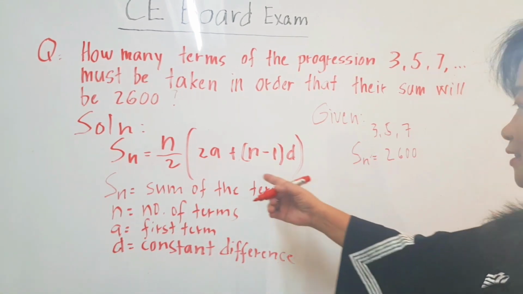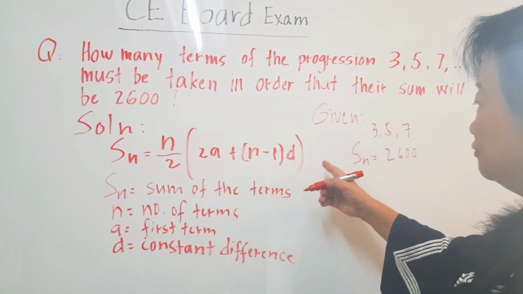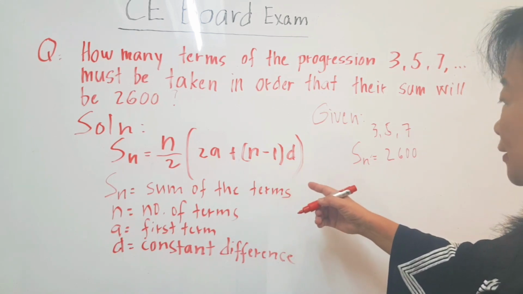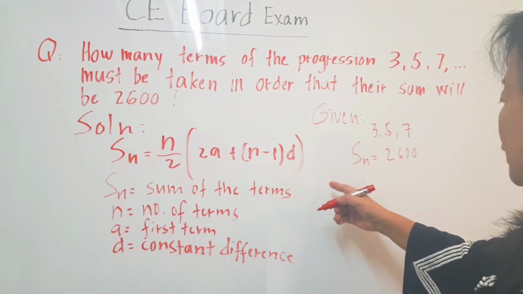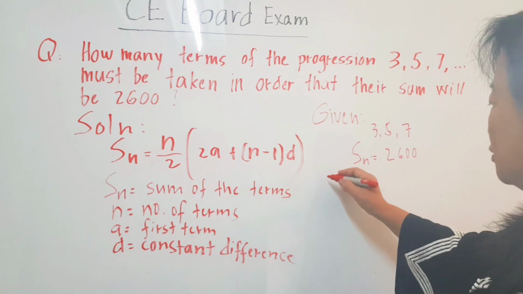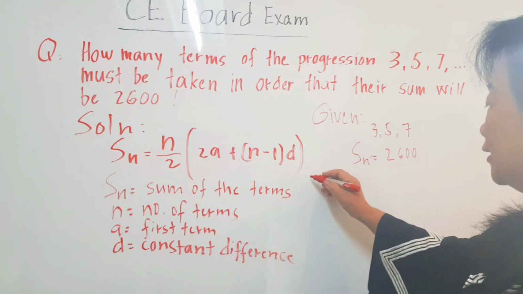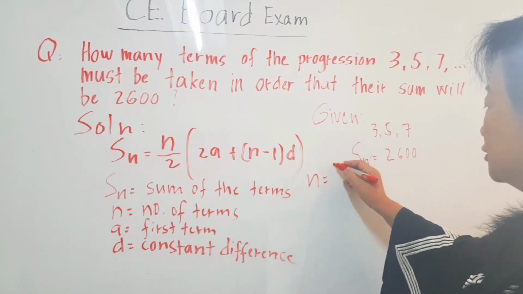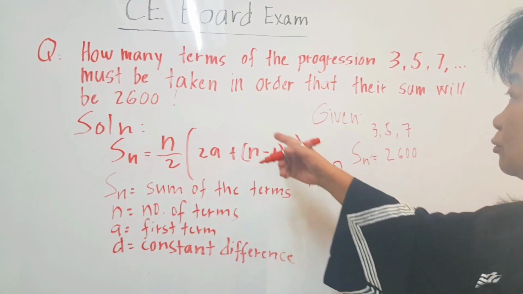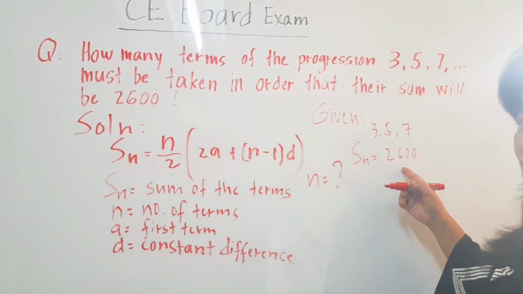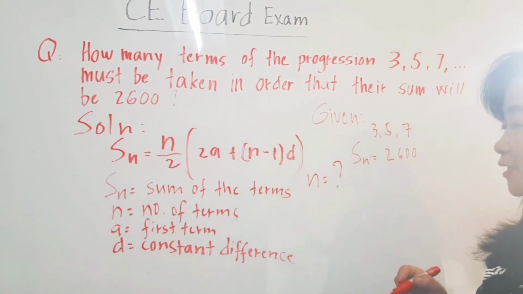Just substitute the values because what we are looking for is n, the number of terms, so that the total will be 2,600.